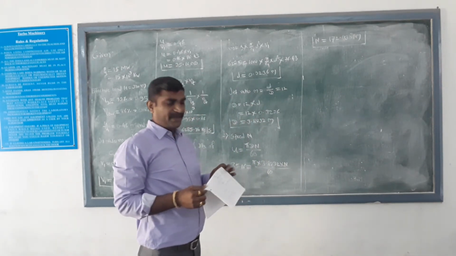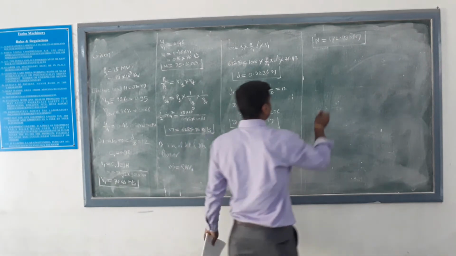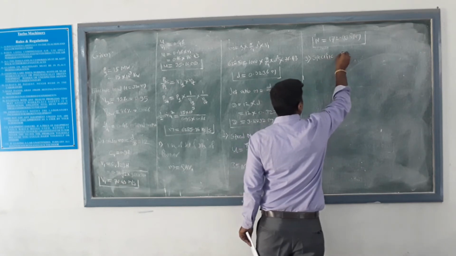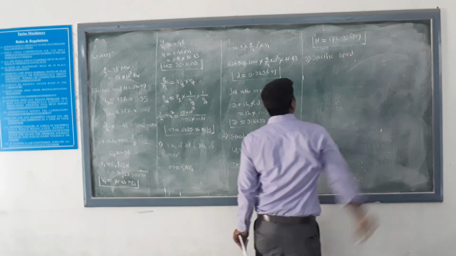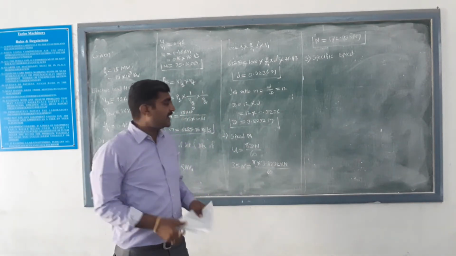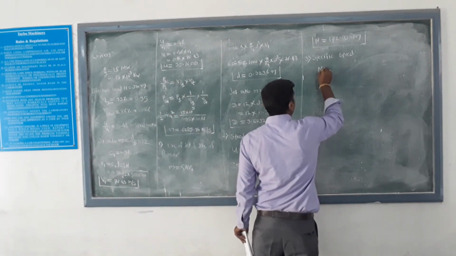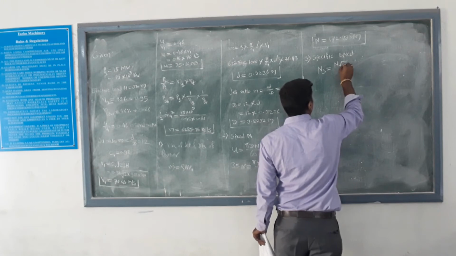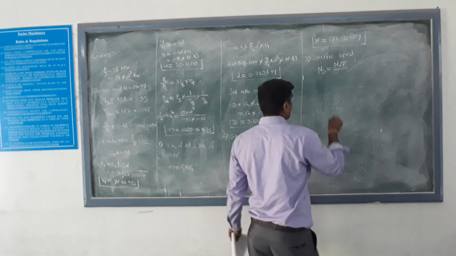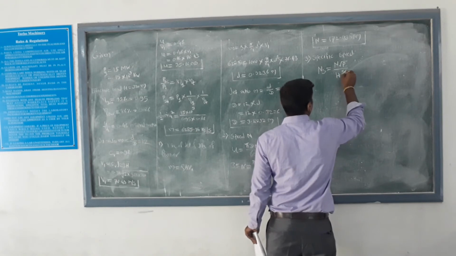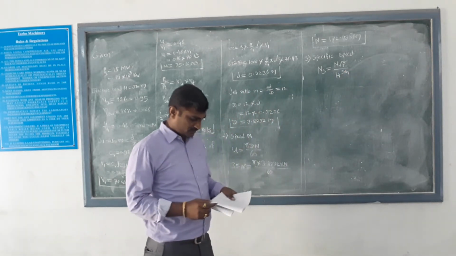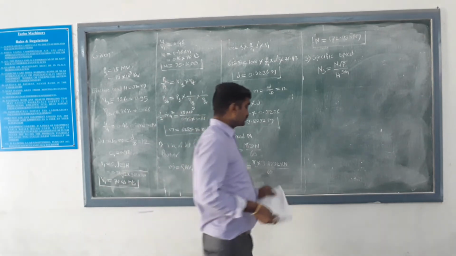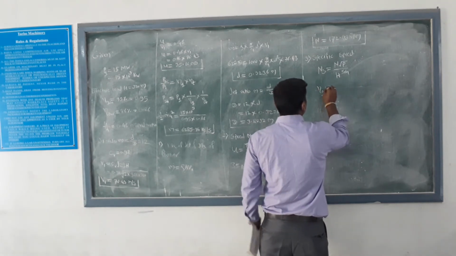Now find out specific speed. See here, specific speed Ns equal to N under root of P raised to 5 by 4.